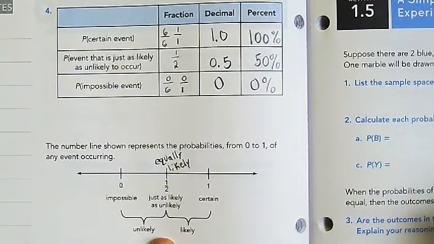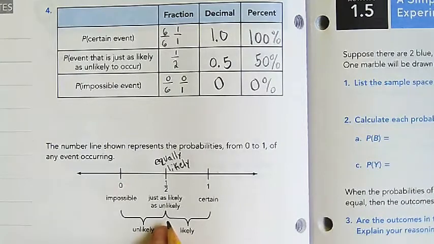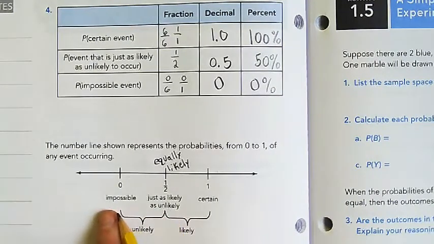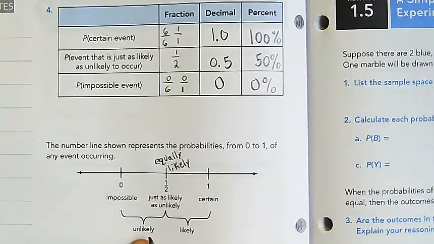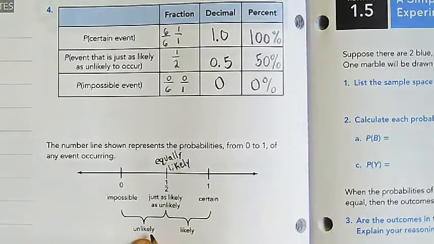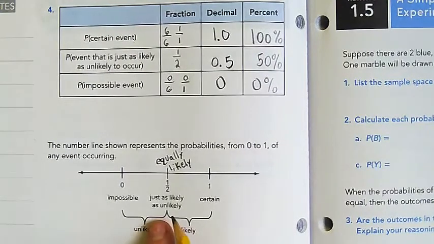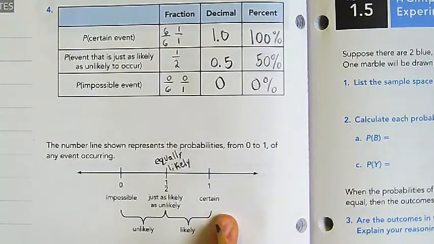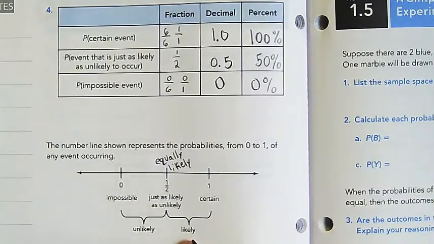And here's the new part. If it's between 0 and 1/2, so if it's less than 1/2, we say that that's unlikely. If it's greater than 1/2, but not quite 1 whole, we say that it's likely to happen.